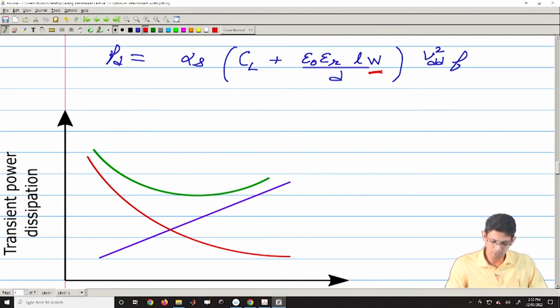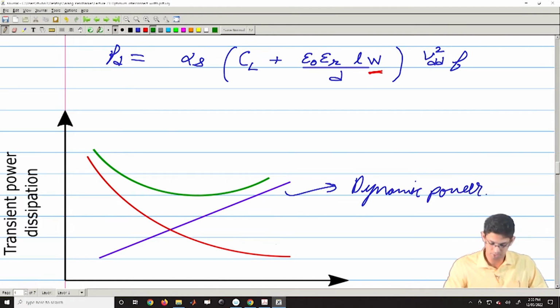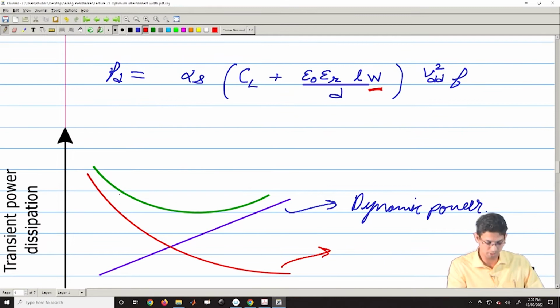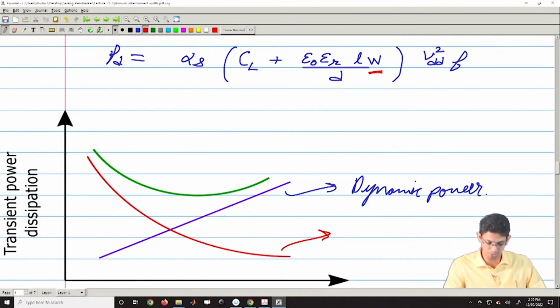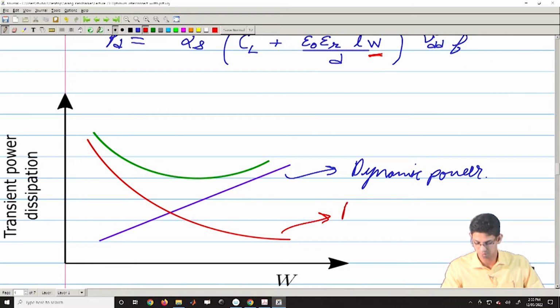Here we have seen that this is your dynamic power, and this is your short circuit power. Your rise time is reducing if you increase the width, right, so your short circuit power should reduce.